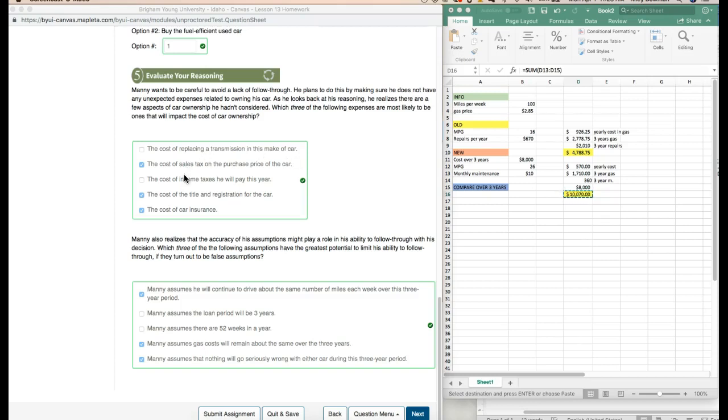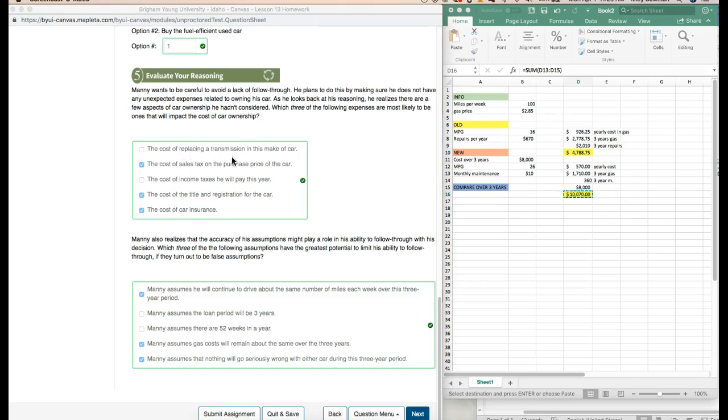And so these three things are things that will be reoccurring, and we can't say that the transmission is going to affect that because we might not have to. However, the sales tax, the title, registration, and car insurance are things that are recurring, he can't get out of.